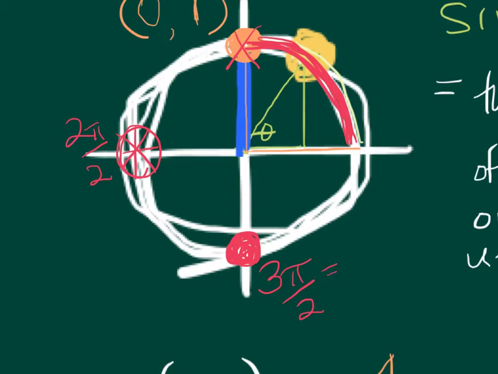So I'm thinking of this as 3 times 90 degrees. So 3 pi over 2 is 3/4 of the way around the circle. It's a strange angle, right? But if you think about it in terms of distance around the unit circle, it's no big deal.